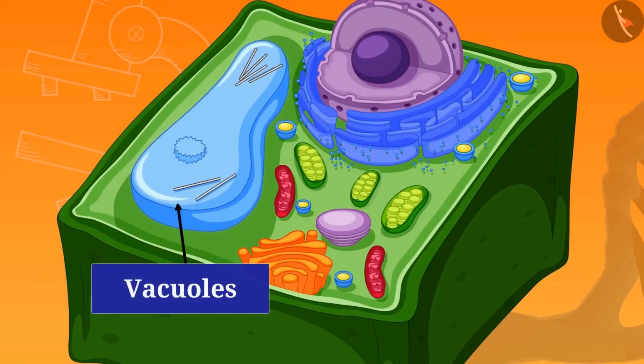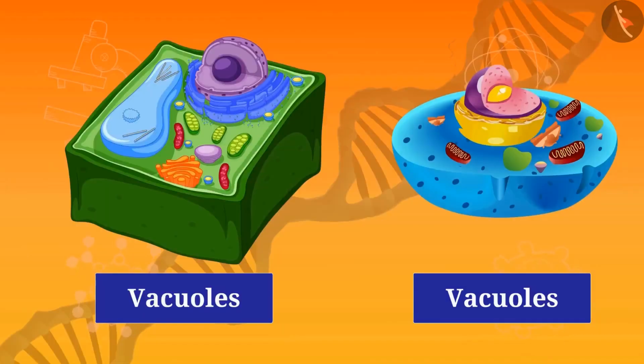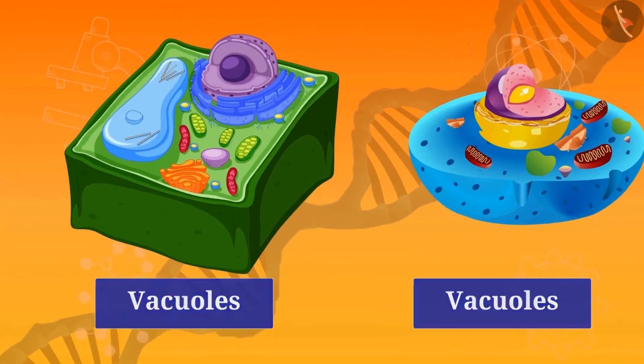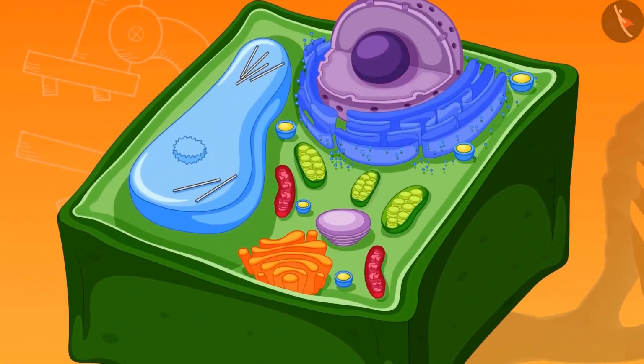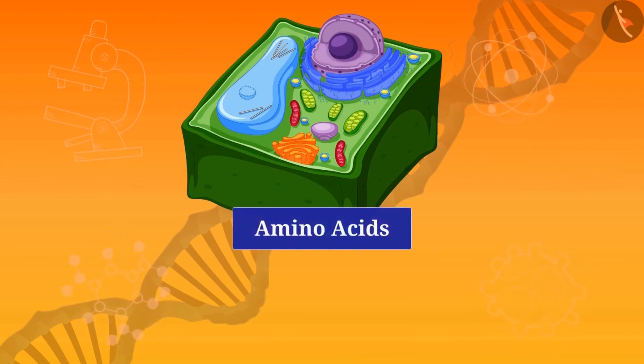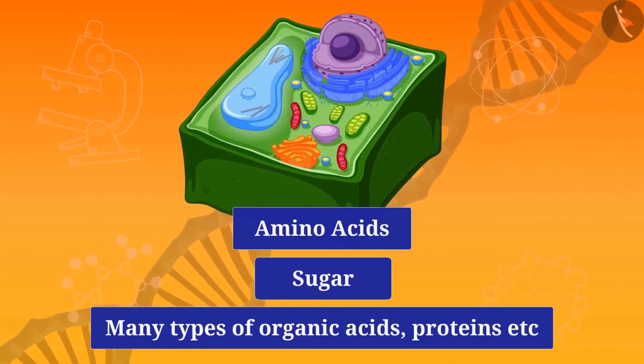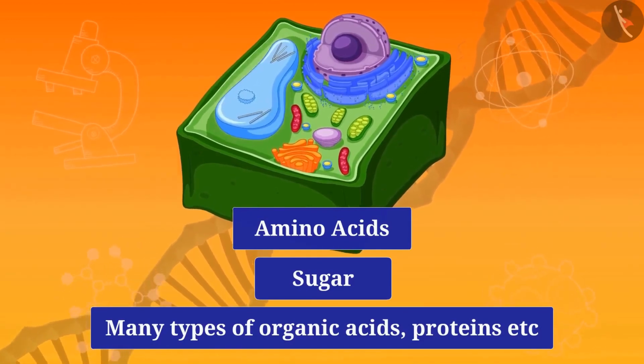So friends, now we will know about the next cell organelle, vacuoles. Friends, do you know where all necessary substances are stored in the cell? Yes, in the vacuoles of the cell. Vacuole is a collector of liquids and solid substances such as amino acids, sugars, many types of organic acids, proteins, etc., which are very essential substances for plants.